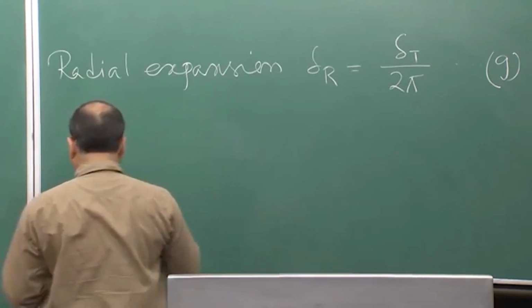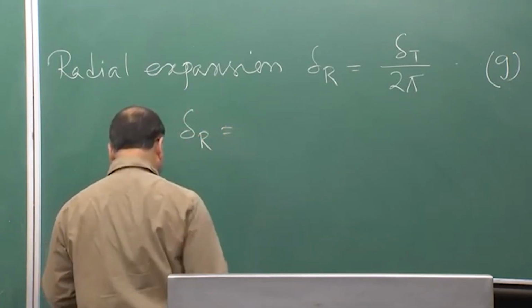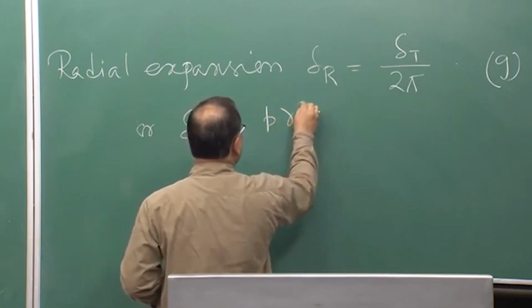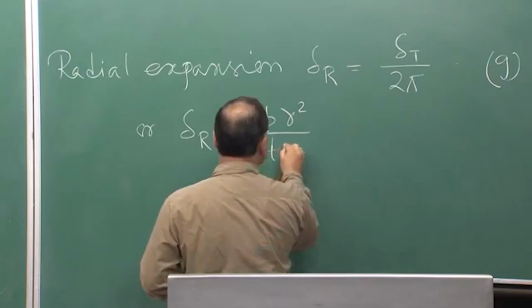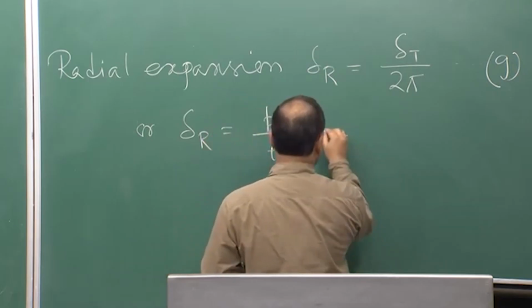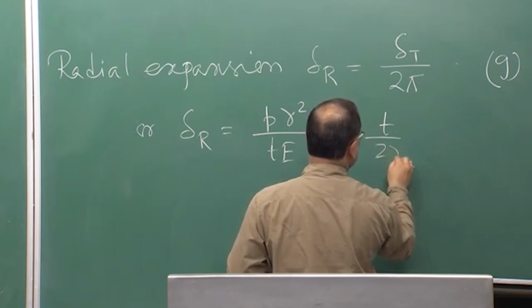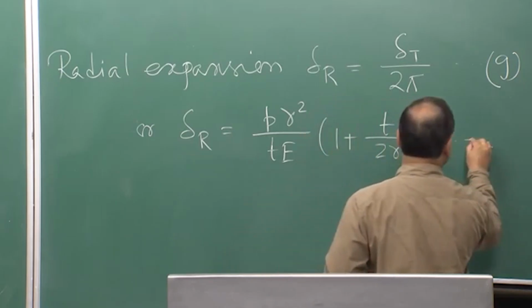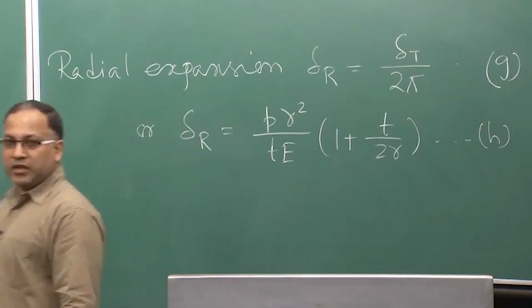So we can write delta r is equal to p r square by T e into 1 plus T by twice r. This is the actual expression of delta r.